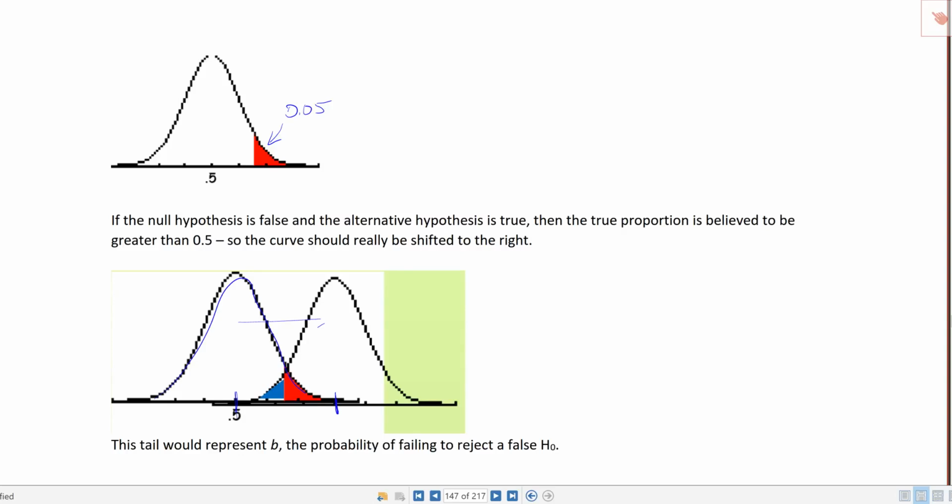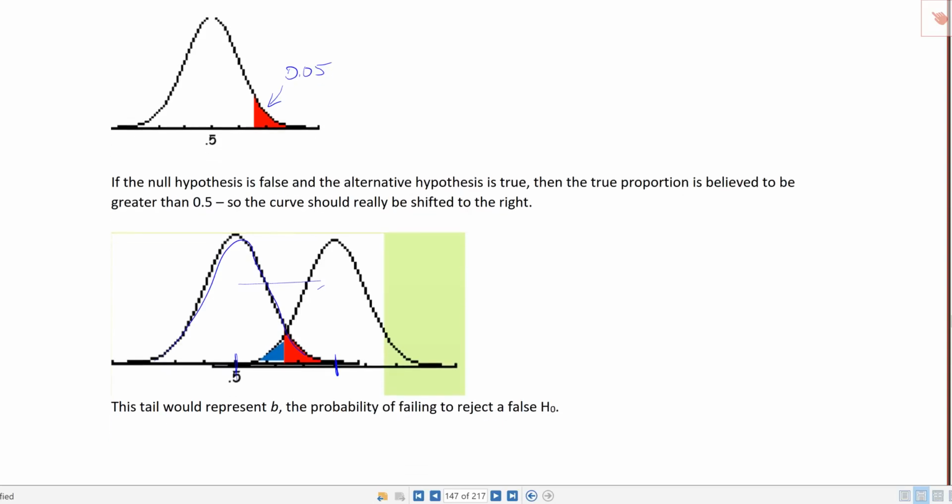Our mean would be somewhere up here bigger than 0.5. And so what we would see is the true proportion in this curve should be shifted to the right. And this tail right here would represent beta.